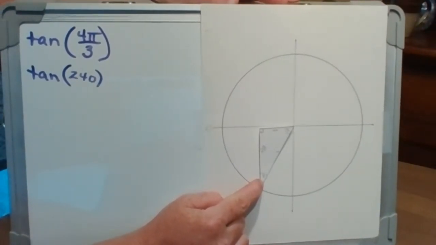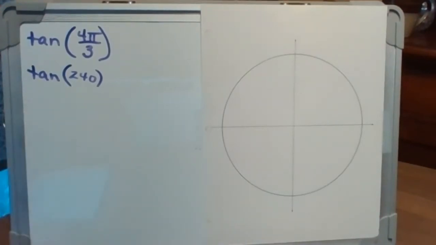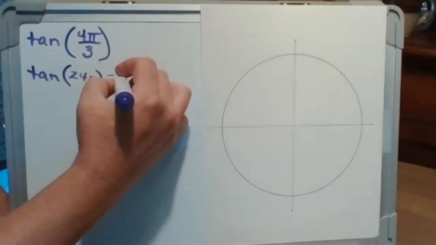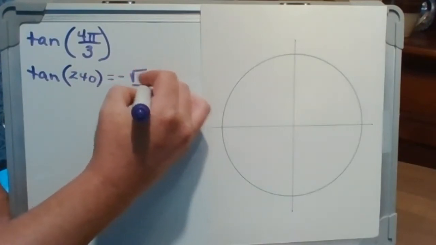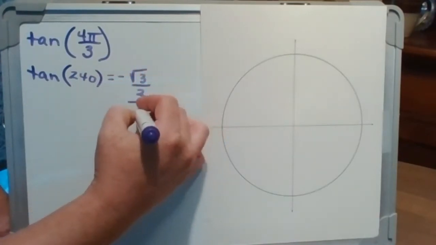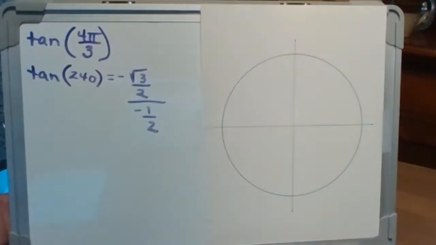I know that tangent, there are two different ways we can think about it. We can say tangent is sine over cosine, or we can think of tangent as y over x. Our y value is square root of 3 over 2. Our x value is 1/2. Since we're in the third quadrant, both of those values are negative. Our tangent here is going to be negative square root of 3 over 2 over negative 1/2.